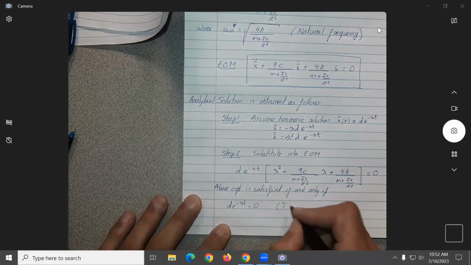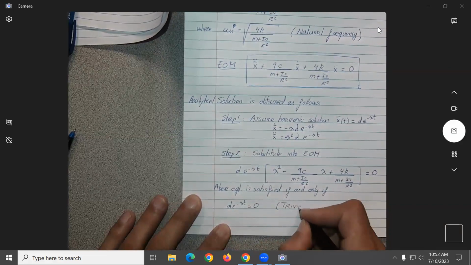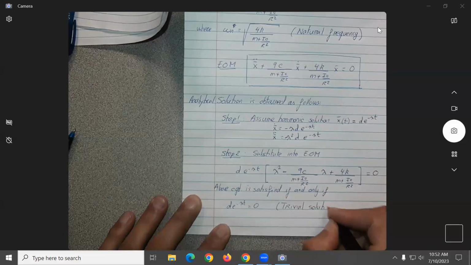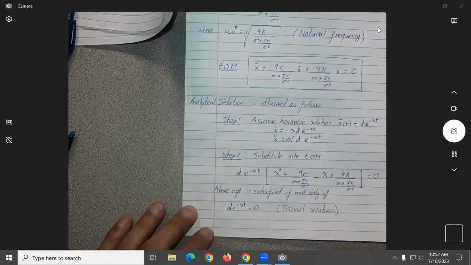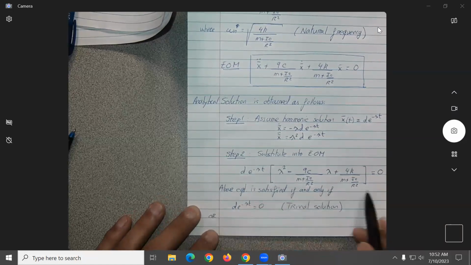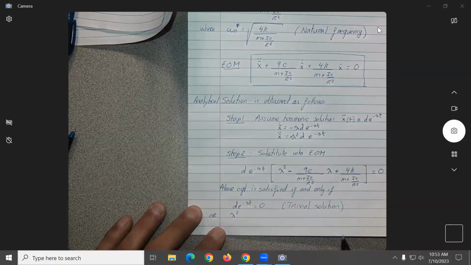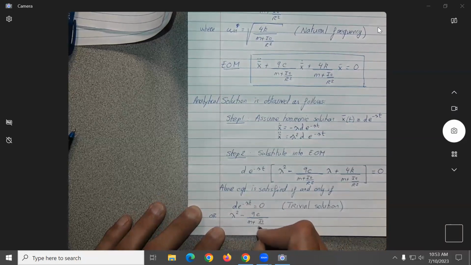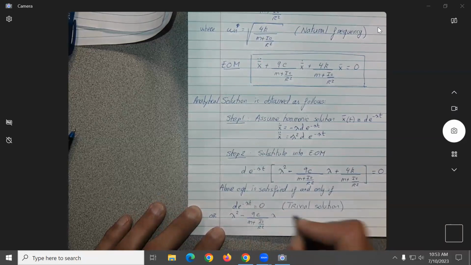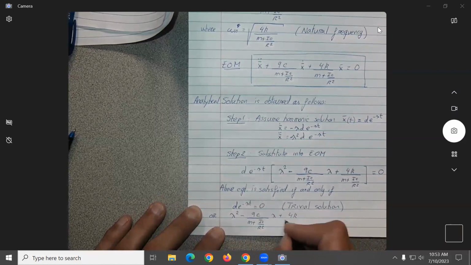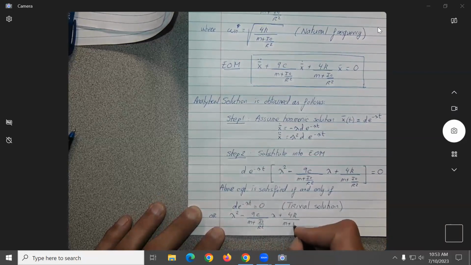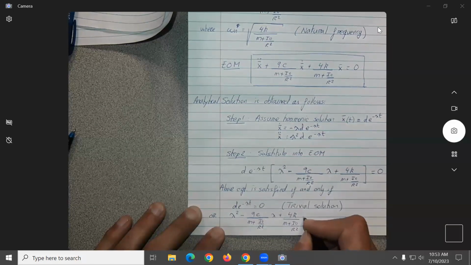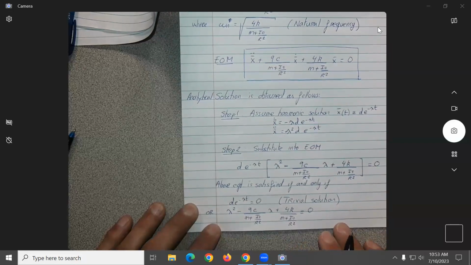What is the name of that solution? Trivial solution. Or then what needs to happen? The term within brackets needs to be equal to 0, no? So lambda squared plus 9c over m plus I sub naught over r squared lambda plus 4k over m plus r sub naught over r squared equal to 0.